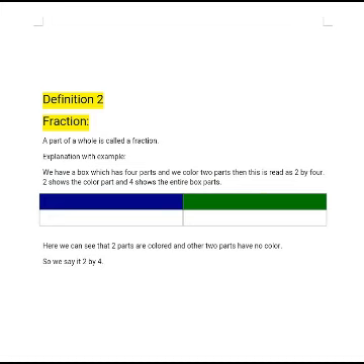In the whole situation there are 4 parts and the colored parts are only 2, so we will say it as 2 by 4. Here we can see that 2 parts are colored and the other 2 parts have no color. So we say 2 by 4.